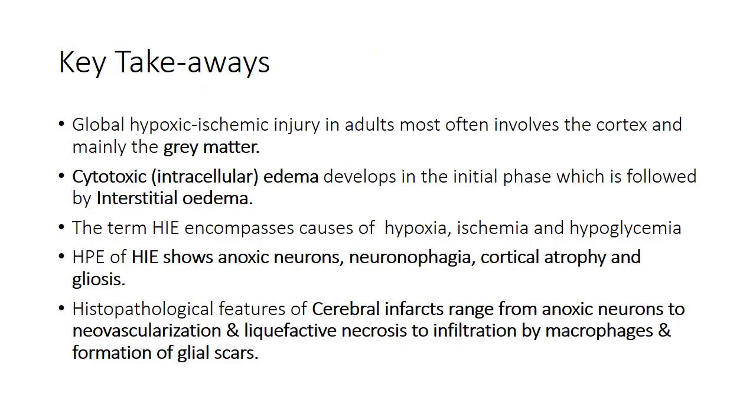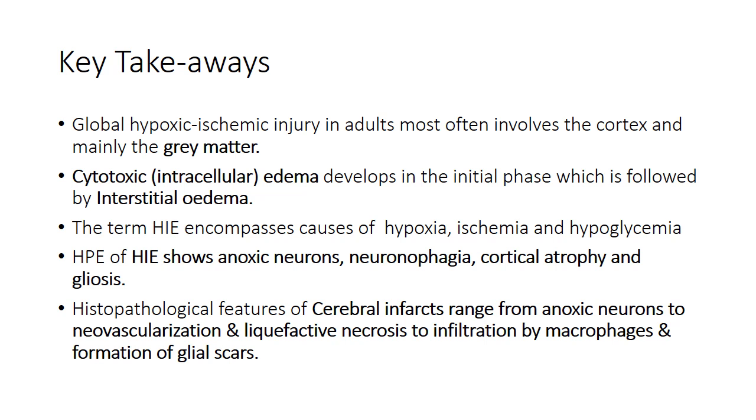So, what are the key takeaways? The key takeaways being global hypoxic ischemic injury in adults most often involves the cortex and mainly, yes, the grey matter. Cytotoxic edema develops in the initial phases of the disease, and this is followed by interstitial edema. The term hypoxic ischemic encephalopathy encompasses causes not only of hypoxia but also of ischemia, hypoglycemia, and even prolonged seizures.